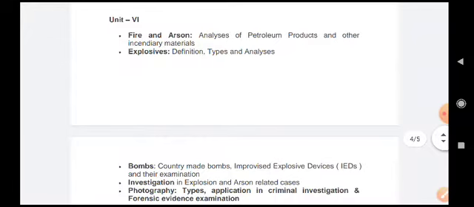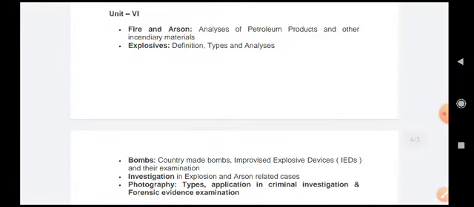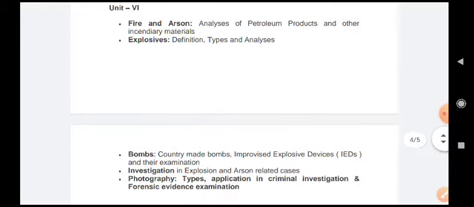Unit 6 is basically a mix of forensic chemistry and forensic photography also. Okay, here the various terms related to arson cases and also the IPC. Even this in June 2020 it was asked.